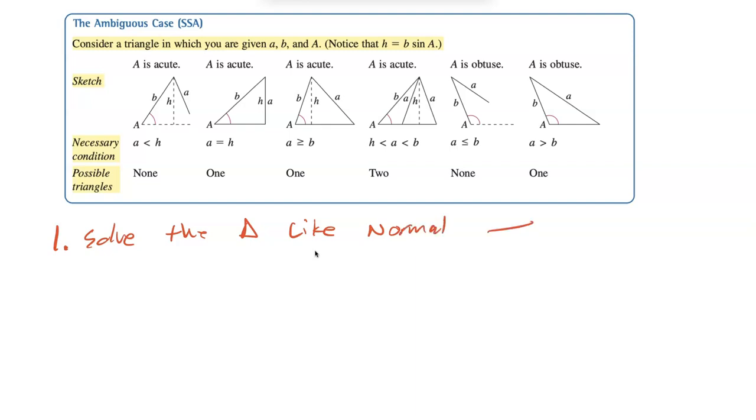If you can't do it, if you can't, you have zero triangles. So there's no triangle. If you can, it's one or two. So how do you figure out if it's two? Assume there's two.